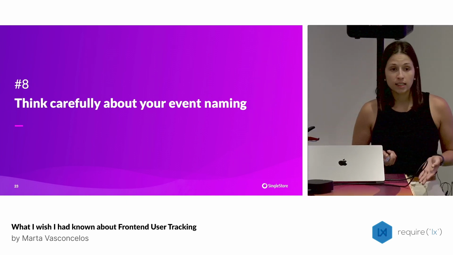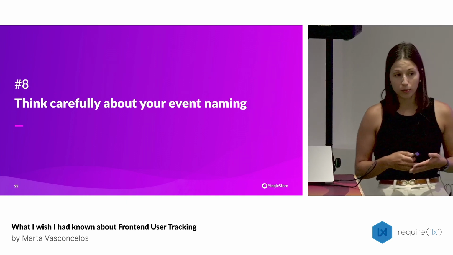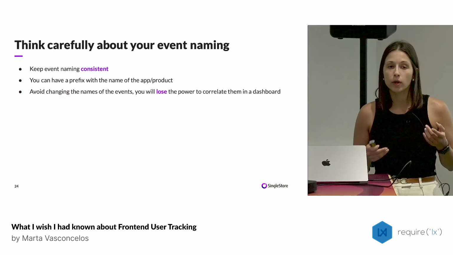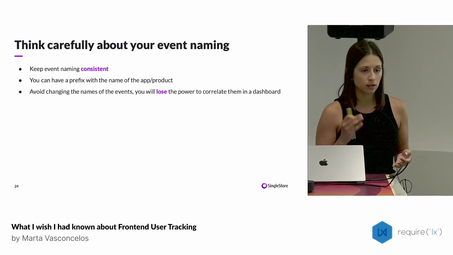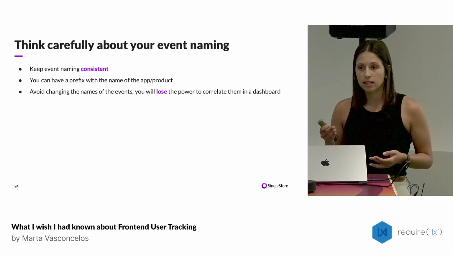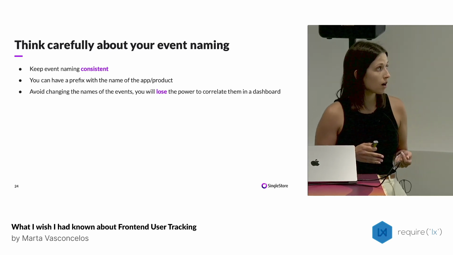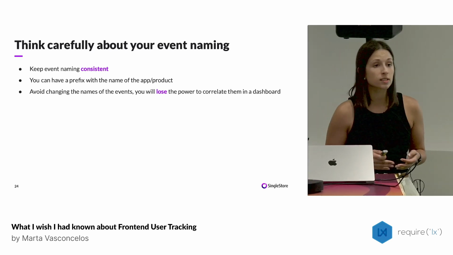And as I was saying, the name of the events is very important. Try to keep them consistent. We have a prefix that is logged in all events, and it's hidden in our tracking helper functions.